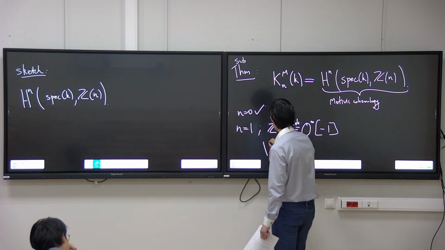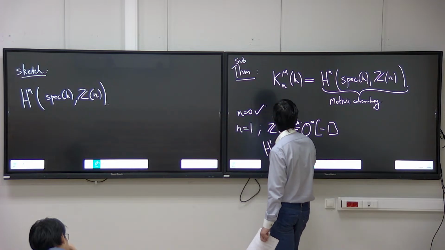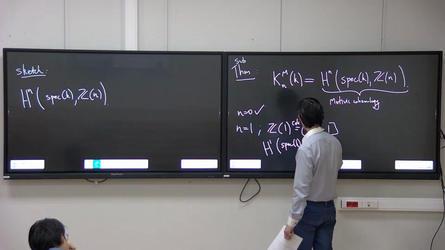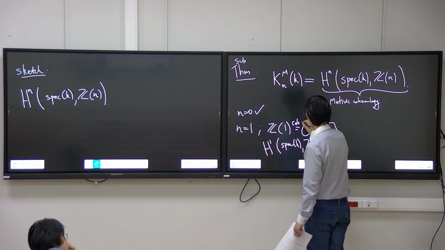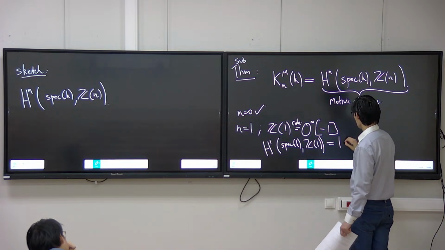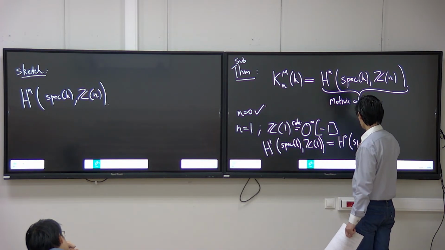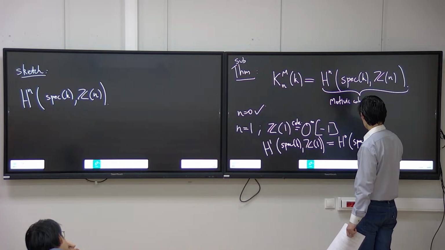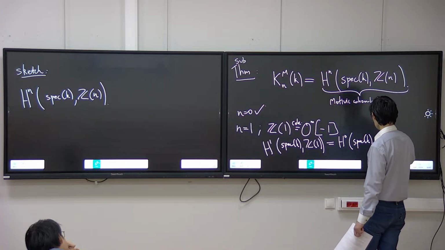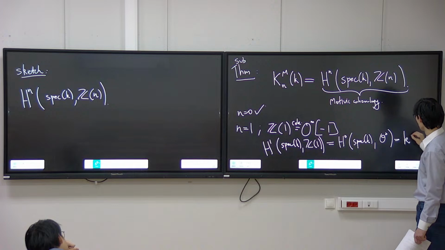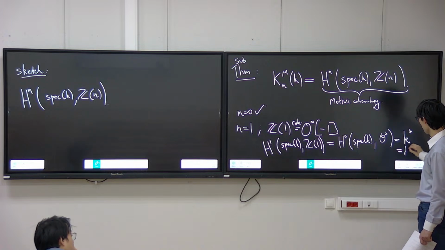And the upshot is that H^1 of Spec of K of Z(1) is equal to H^0 of Spec of K of the group of units. So you get K star, which is equal to K_1 of the Milnor group.